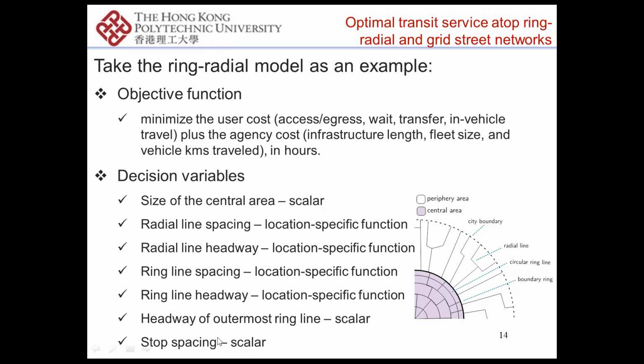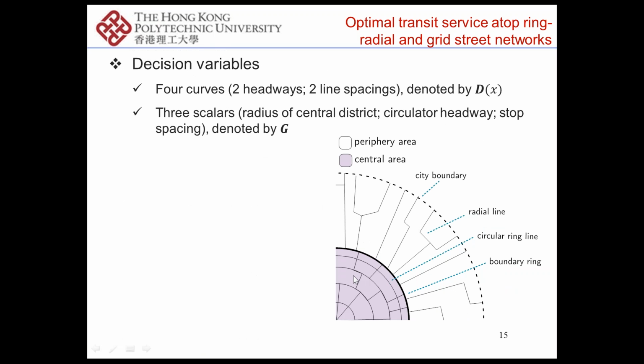The stop spacing is considered a scalar. We consider stop spacing uniform over the entire network. Okay. And so the decision variables will include totally 4 curves: 2 headways for ring and radial lines, 2 line spacings for ring and radial lines, and we denote these 4 continuous functions by bold d of x.